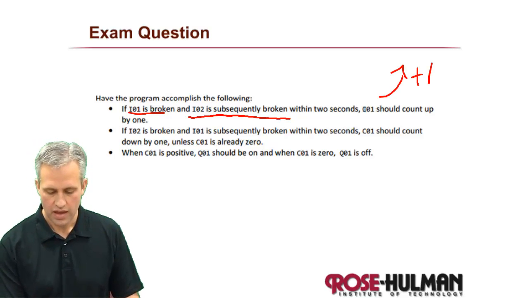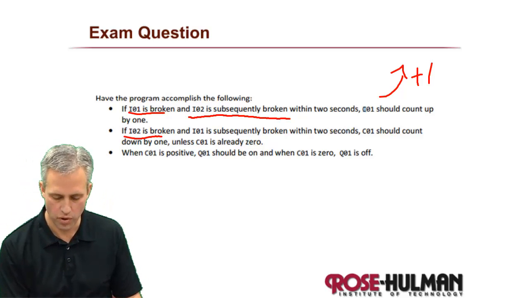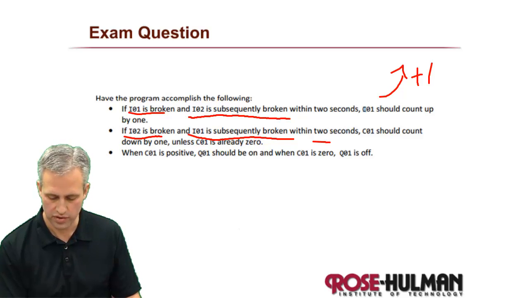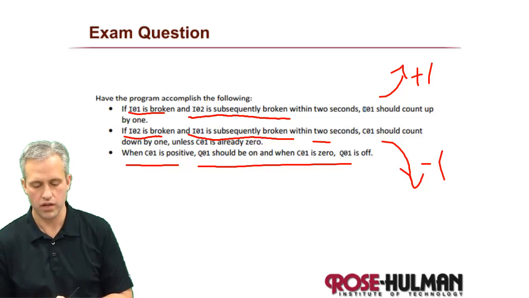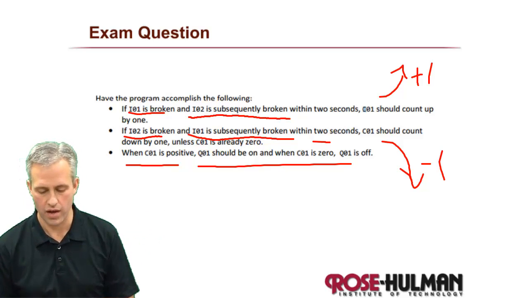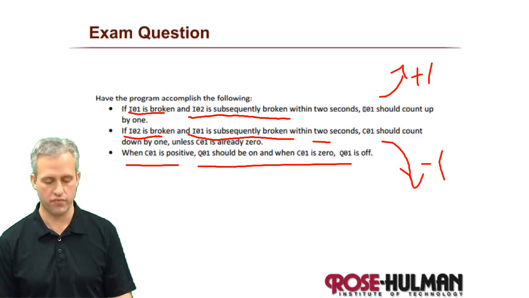If the reverse order happens, if you get an I2 broken and then an I1 broken, again within 2 seconds, then you count down by 1. And when C1 is positive, Q1 should be on, and whenever it's 0, Q1 will be off.